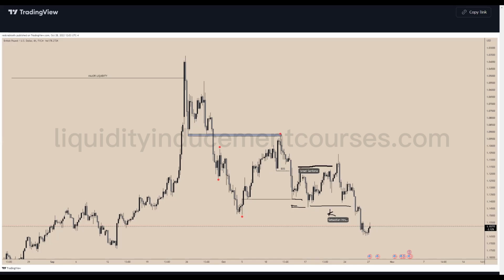Can I have a question? Yes. So you have a lead point here, and it is already taken, and it's BOS down. Do you consider this to be a new lead point? Yes. For this one, yes, it still lines up with the SNR liquidity.